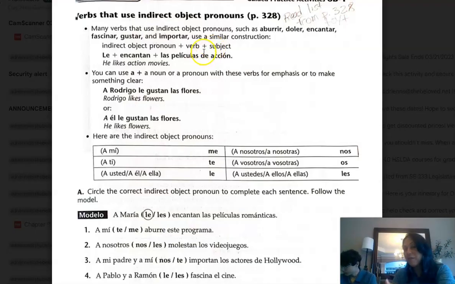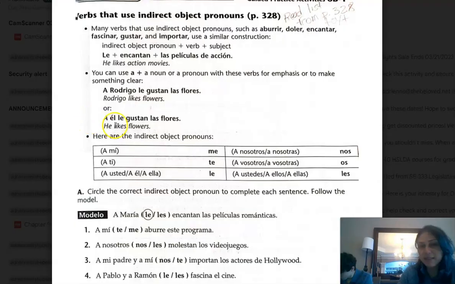The subject is going to be after the verb with these verbs, not like the sentences we've seen before in the past. The first thing you'll see is the indirect object pronoun. A Rodrigo is for clarification. Le is the indirect object pronoun. And then gustan, notice, with an N at the end because flores is plural. That just means Rodrigo likes flowers, or literally, the flowers are pleasing to Rodrigo.